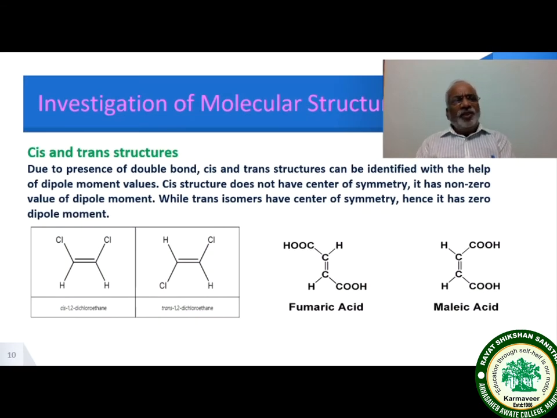And another application that we find here is that the dipole moment value is also useful to understand whether the molecule has cis or trans structure, whether the molecule is a cis isomer or trans isomer. A good example one can consider here is that of fumaric acid and maleic acid.